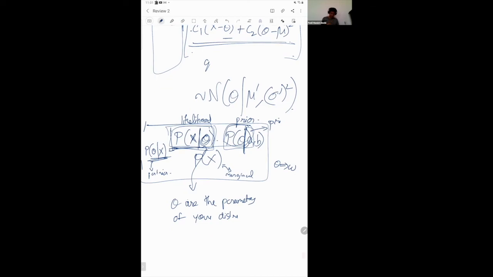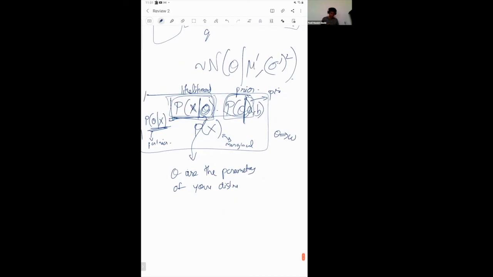This is generally the notation, and I can see why this is confusing, because x here is not the parameter of this distribution. X is just information that is given to you, and this notation is used to indicate that this is the information you have. But here theta is the information about the parameters, and here x is just the information that you got recently, and based on this information you are updating the parameters.